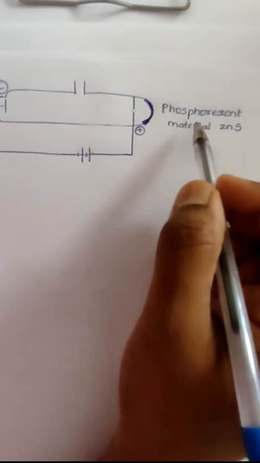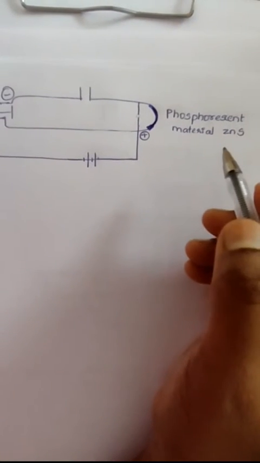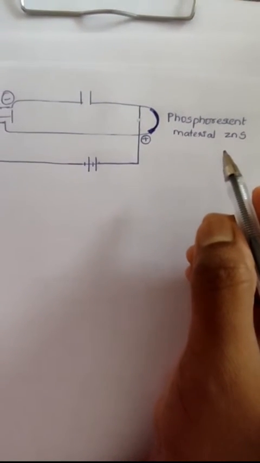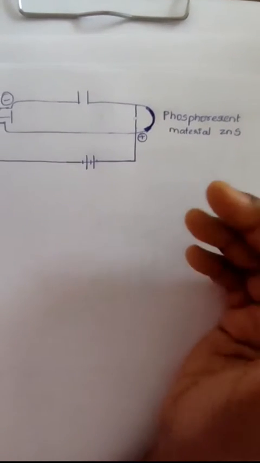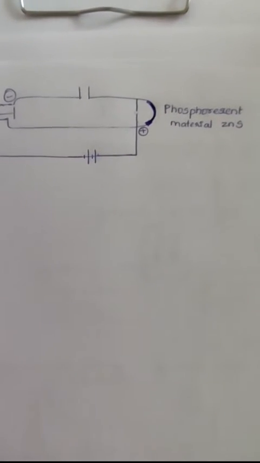These phosphorescent or fluorescent materials have the capacity to emit light. We know that electrons get excited from a lower energy level to a higher energy level, and while coming back to the lower energy level, they emit energy in the form of light.